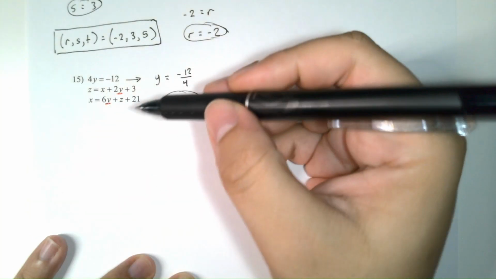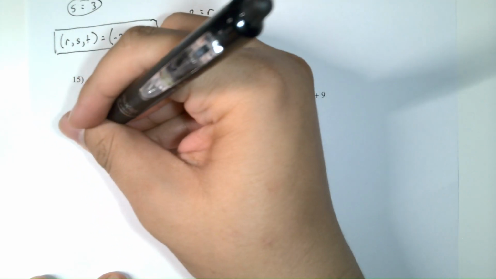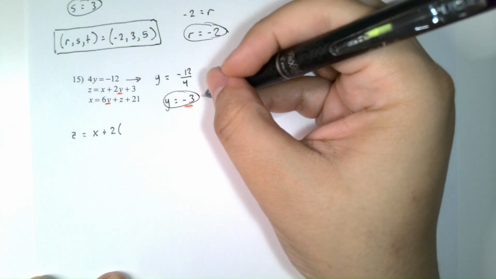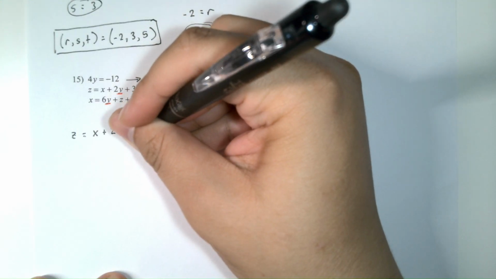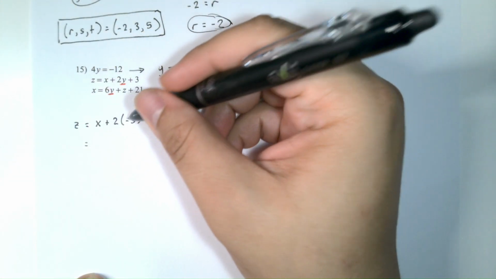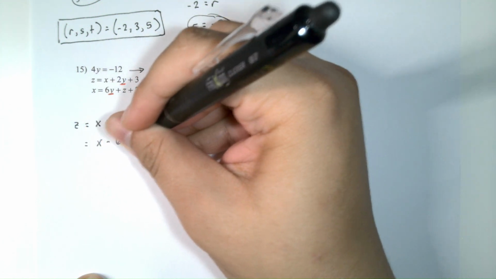So if I start with the middle equation, that means that we have z is equal to x plus 2 times y, which is negative 3, plus 3. What we can then do is just multiply 2 times negative 3. That's going to be x minus 6.